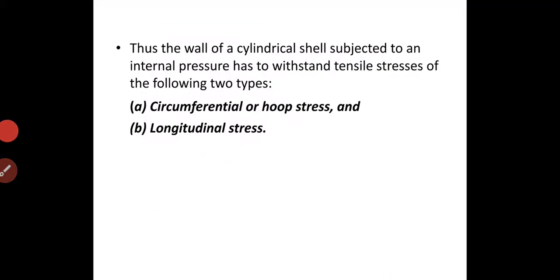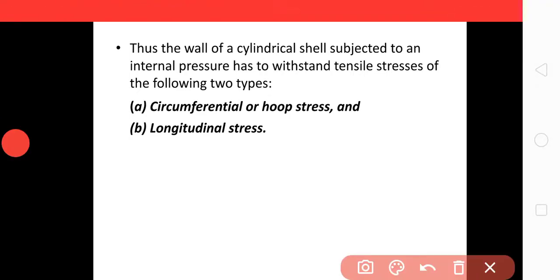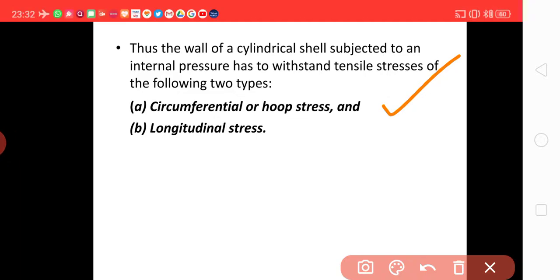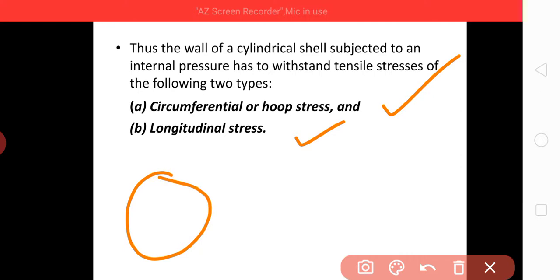Thus, the wall of a cylindrical shell subjected to an internal pressure has to withstand tensile stresses of the following two types. Number 1 is circumferential or hoop stress, and the other is longitudinal stress.